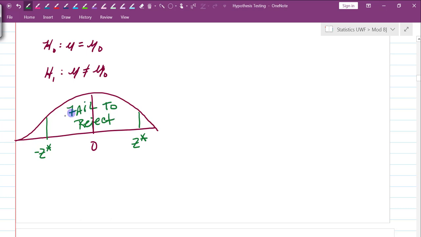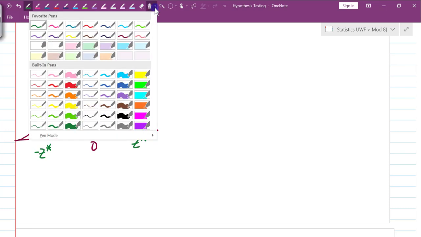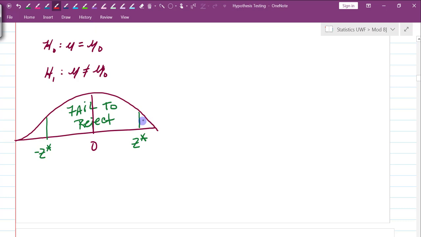I prefer fail to reject because that's what's going on. Change it to however you need to make sure you understand what's going on here. And then right in here, we have half of alpha coming in here and half of alpha coming right in here. And these would be where we reject. Okay, so we reject.